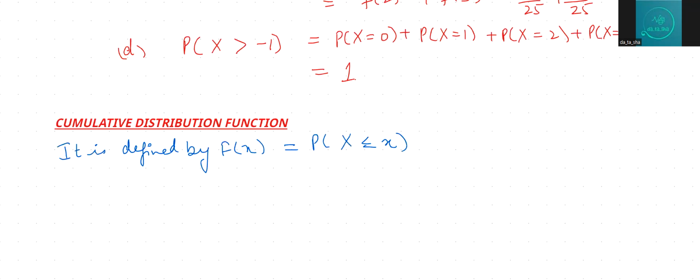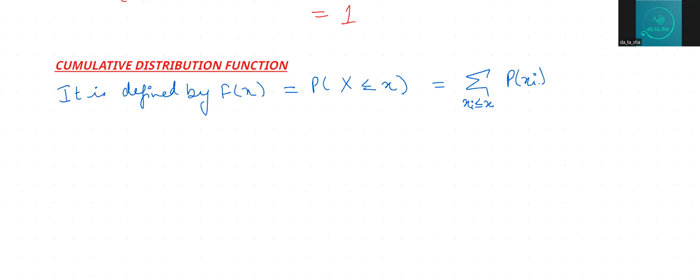That means I can say summation of f of x_i, or p of x_i if I'm taking the values, where x_i are less than or equal to small x. Whatever small x you have, it is given to you.